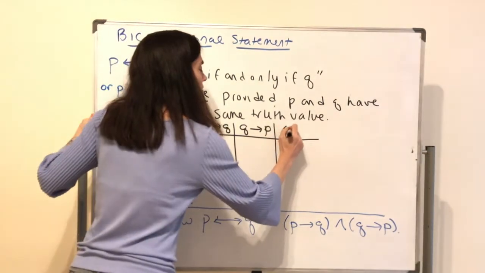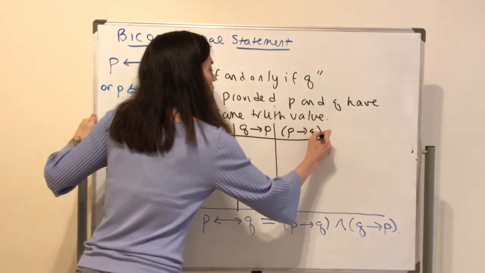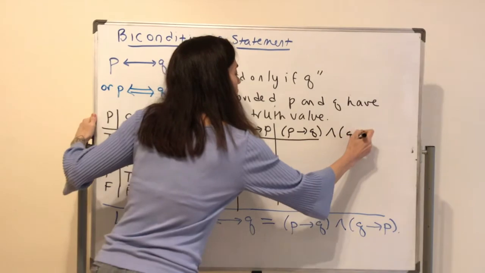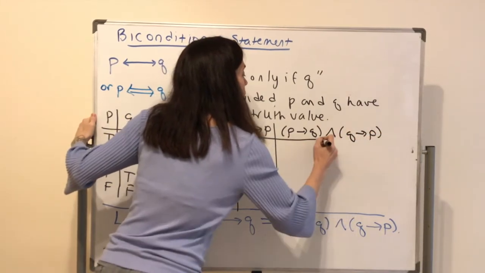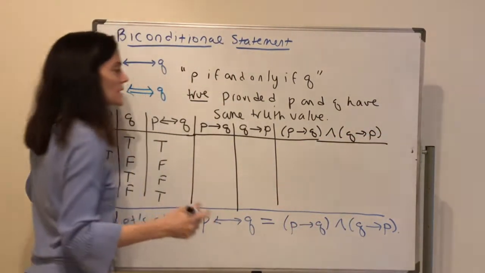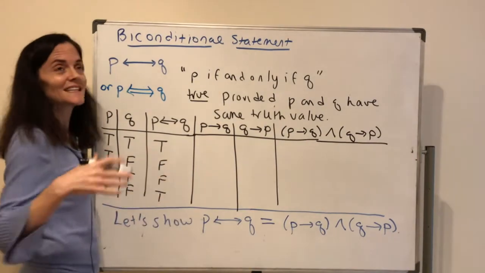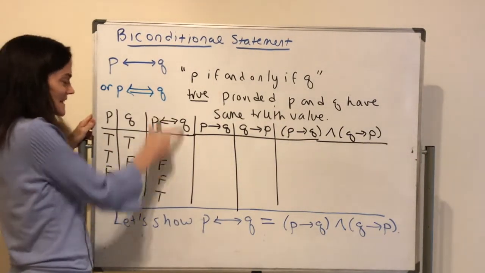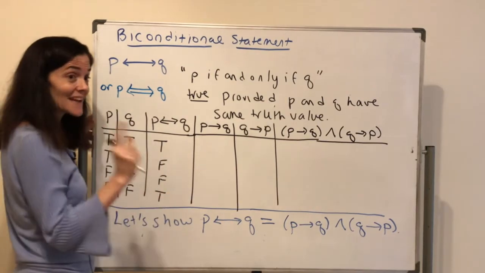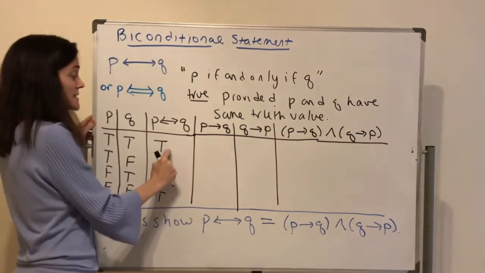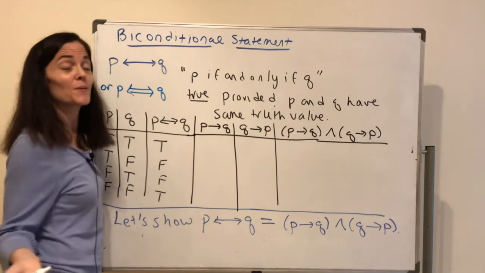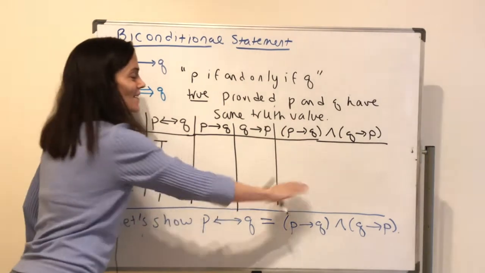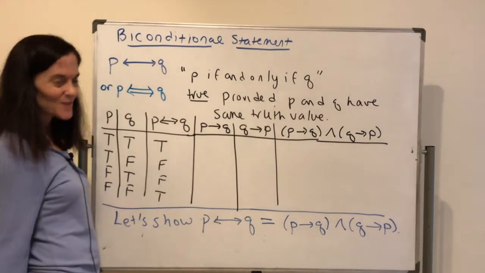So we will get to this final P implies Q and Q implies P. The way you want to do a truth table is to have one step per column. In this last column we should see T, F, F, T. Then we would know this and this are logically equivalent, which is our goal.